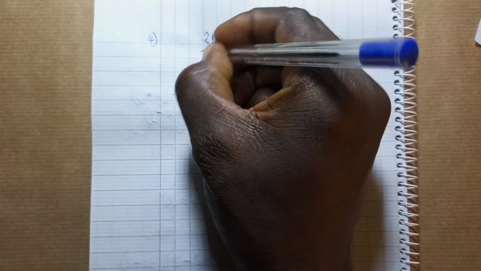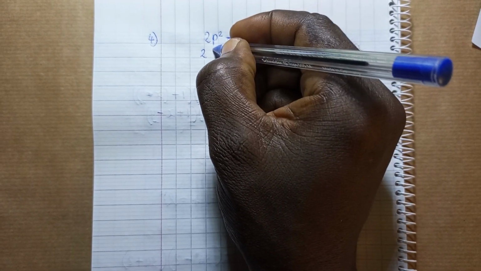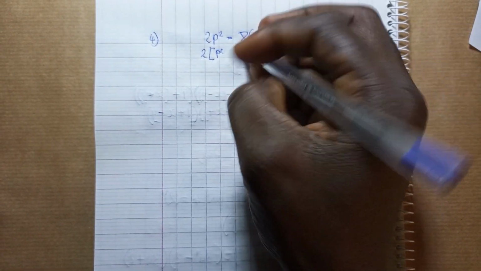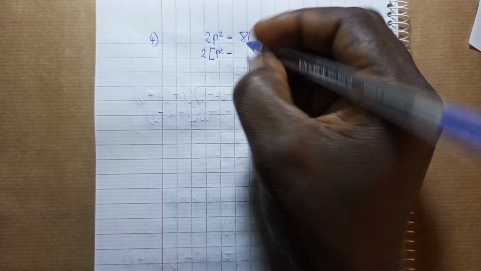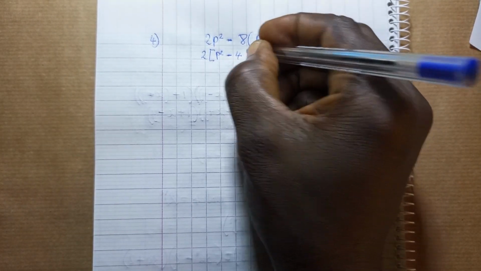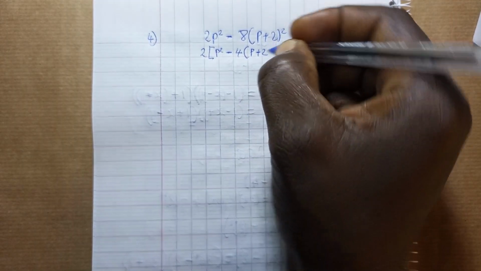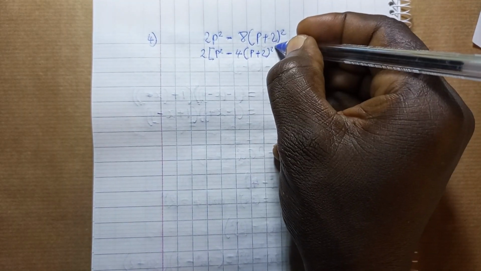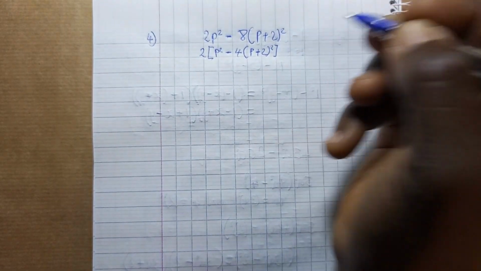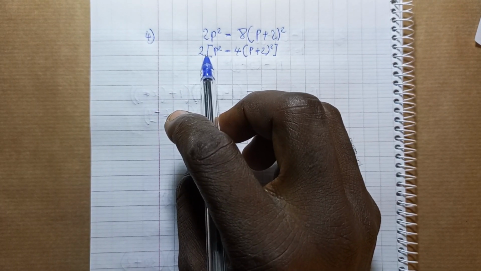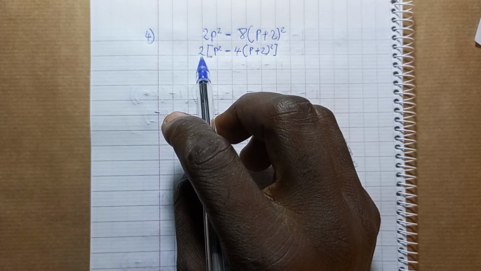So I'm going to write 2, square bracket, p square minus 4, open bracket p plus 2 square bracket square. So with this, I've brought out the common factors.